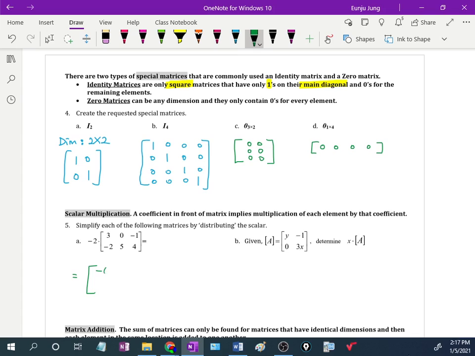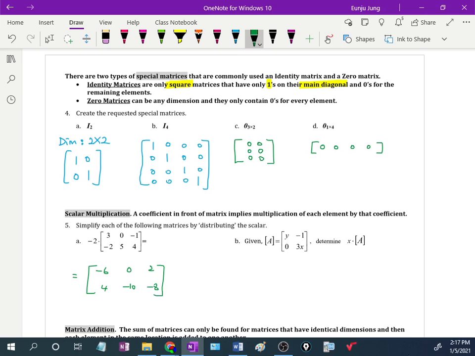All right, -6, -2 times 0 is 0. 2 negatives make positive, so that is 2. Next row, multiply by -2, 4. Next one, -10 and -8. So by using numbers in front of the matrix, we can do multiplication. So we can do all operations with this matrix as a tool.